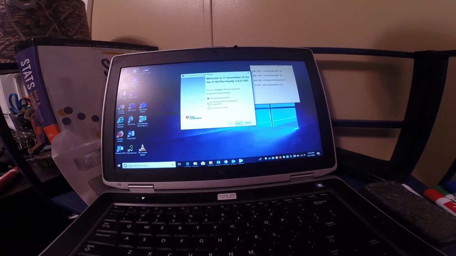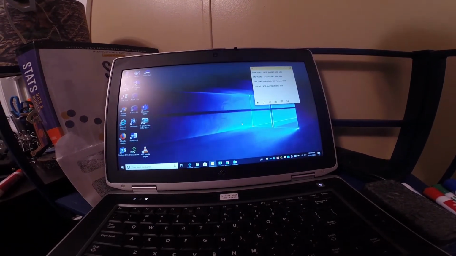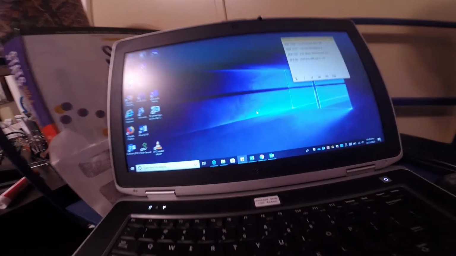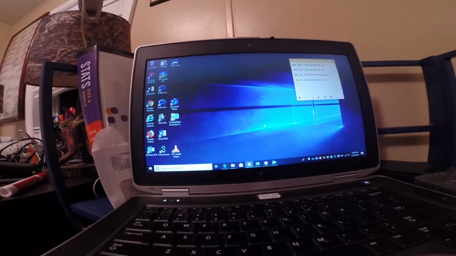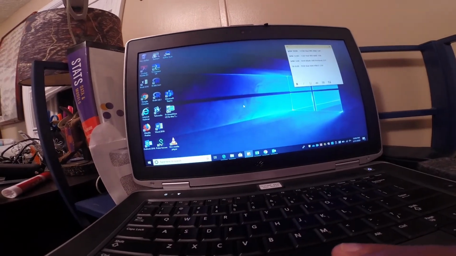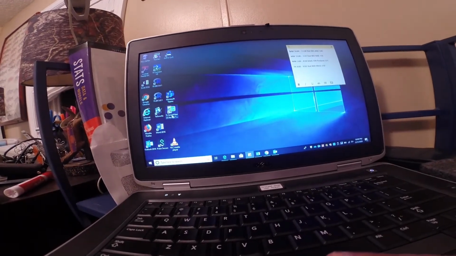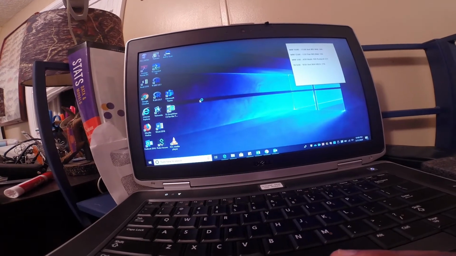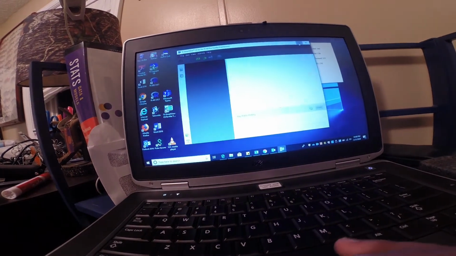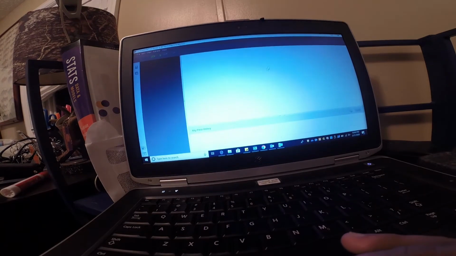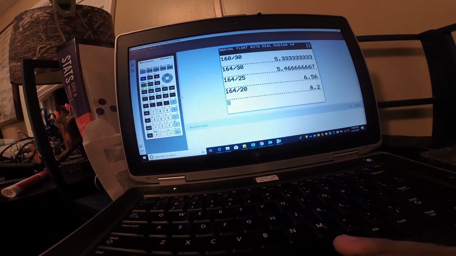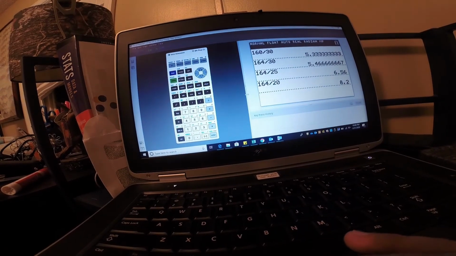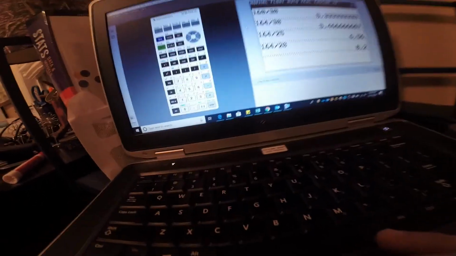Got the free license. So if it'll ever come up. So what you're going to do on your TI, let's make it a little larger so y'all can see. Okay, so you've got your TI here.